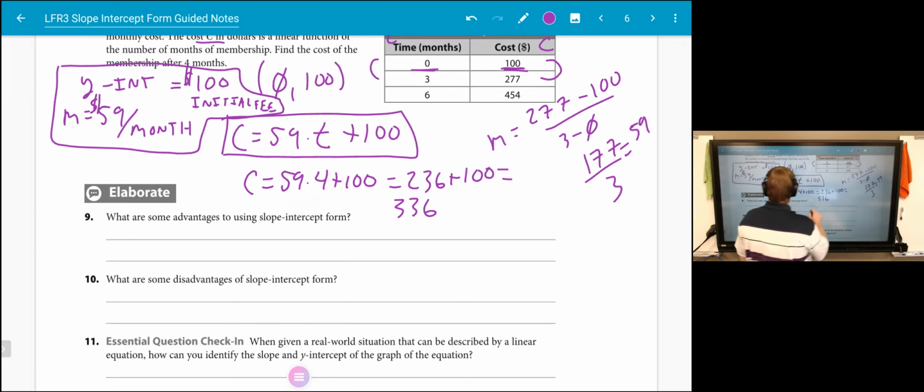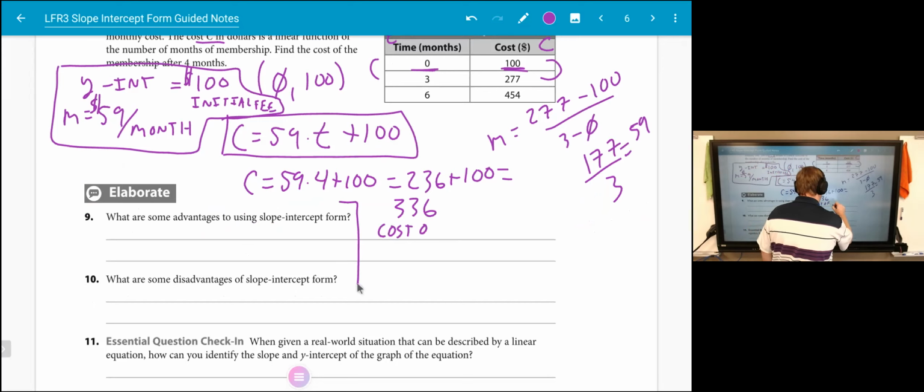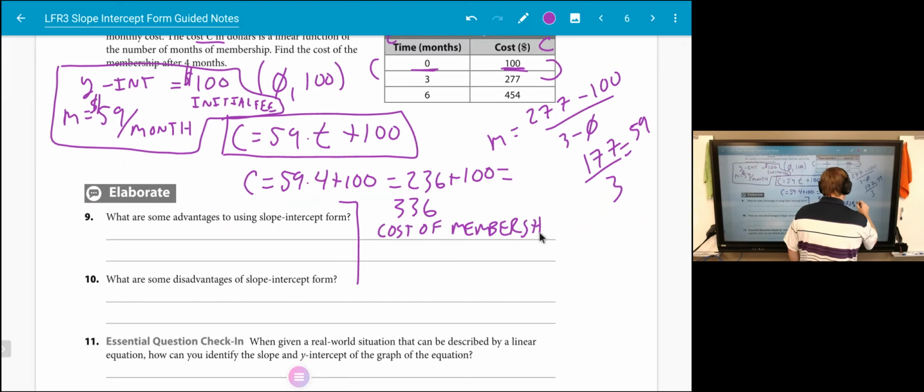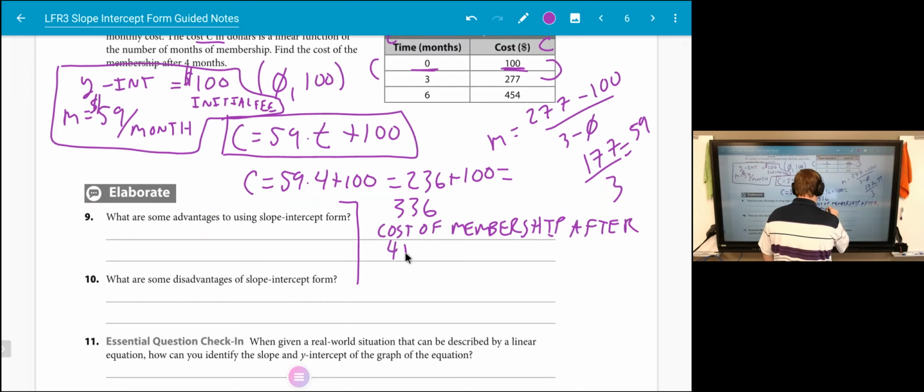The cost of the membership after 4 months is $336.